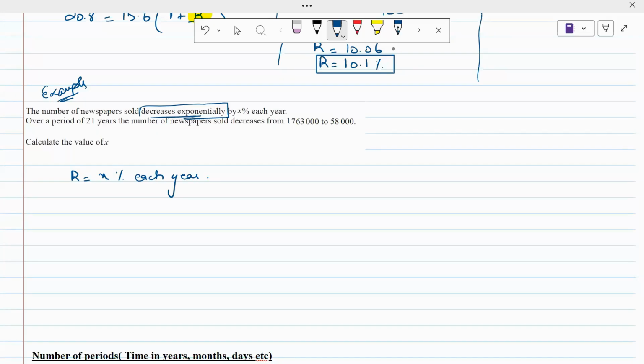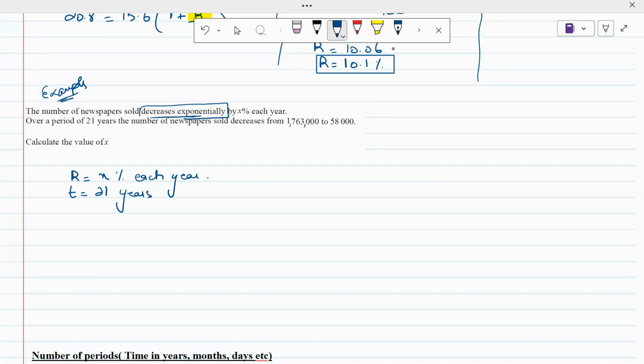Over a period of 21 years, time is given. The number of newspapers sold decreases from 17 lakh 63,000 to 58,000. So please be clear about the initial and the final value.